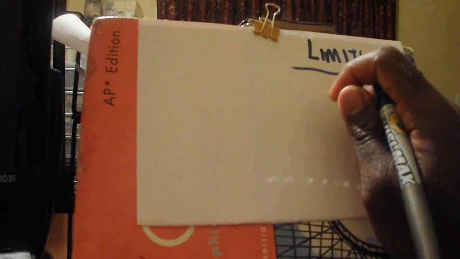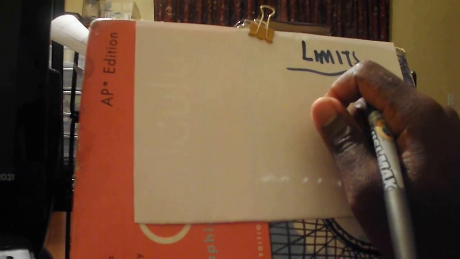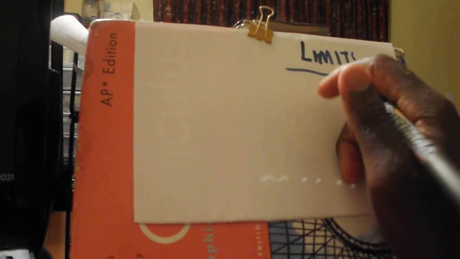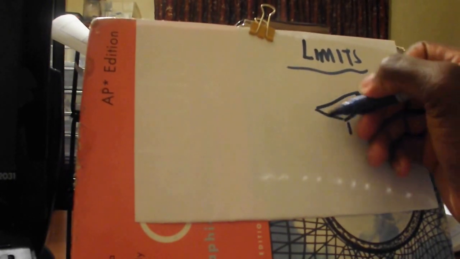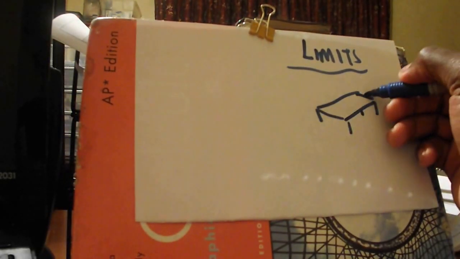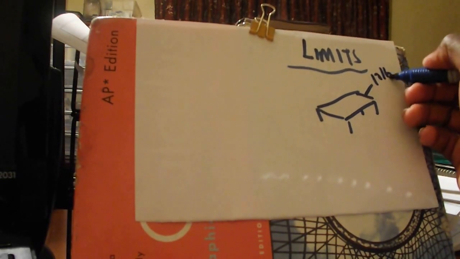What is a limit? When you talk about a limit literally, you probably think about the amount of weight something can withstand. With that example, let's say we have a table that was built to withstand 10 pounds. So the limit of this table is 10 pounds, correct?